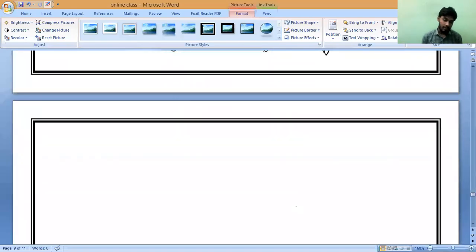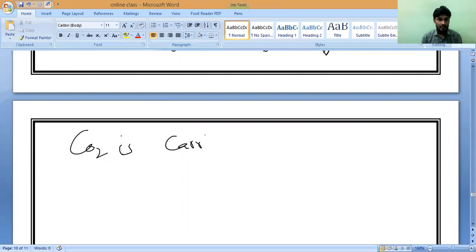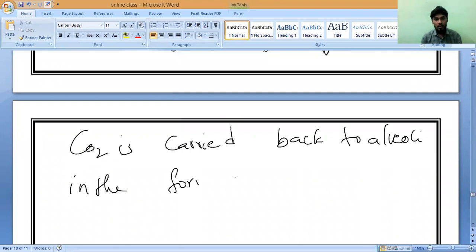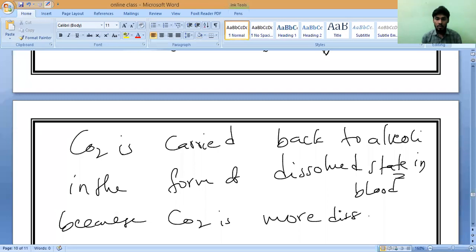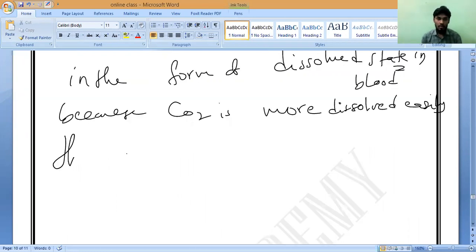All of you remember, carbon dioxide is carried back to the alveoli in the dissolved state, dissolved in blood, because carbon dioxide dissolves more easily than oxygen. Please note it down. This point is very important.